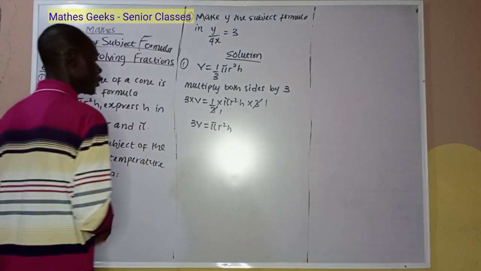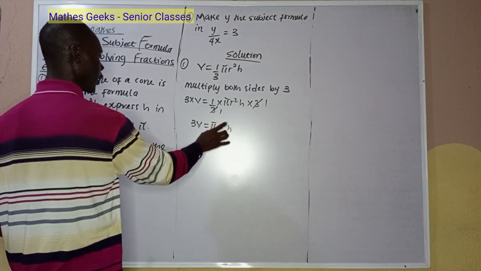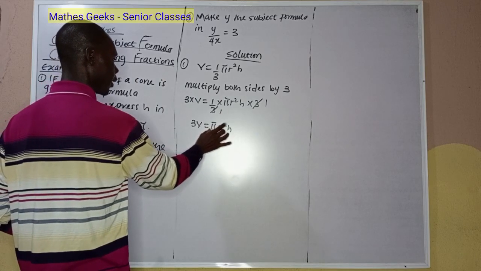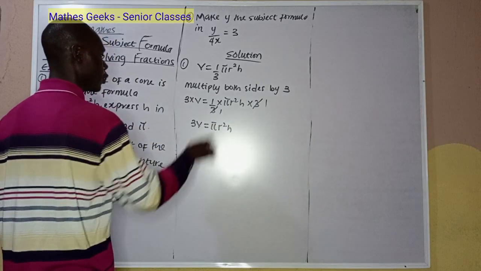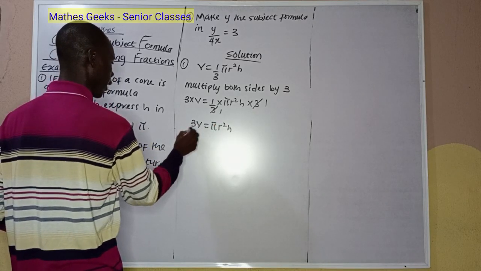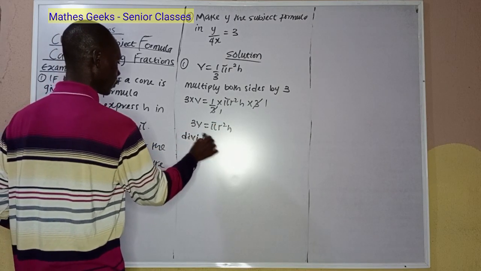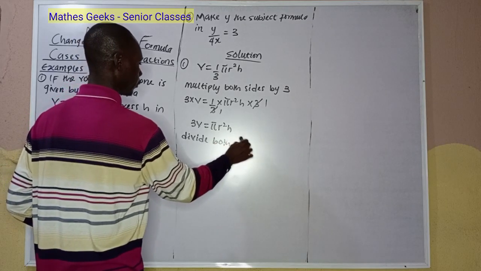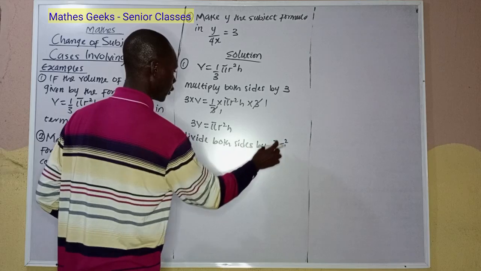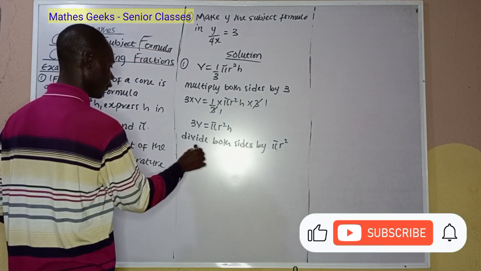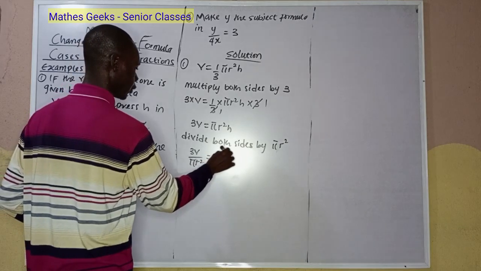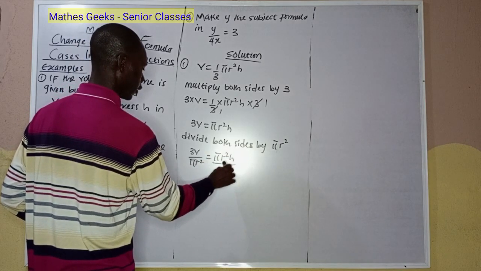So the next thing we're going to do is eliminate pi r squared from this side of the equation. The relationship between this part and h is multiplication. So to eliminate pi r squared, we need to divide both sides by pi r squared. So 3v over pi r squared is equal to pi r squared h over pi r squared.